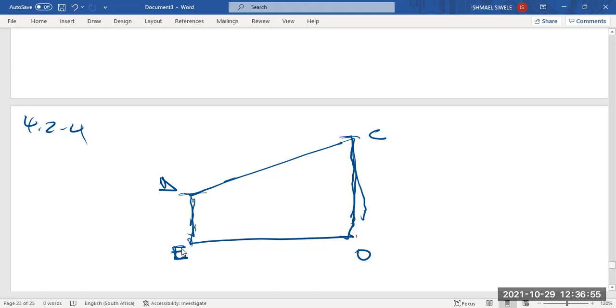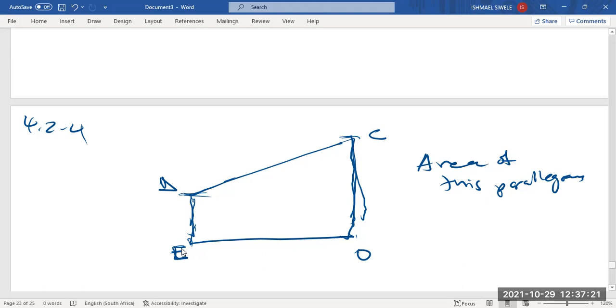So they want us to find the area of this parallelogram. How are you going to calculate the area of the parallelogram? That's one thing that you're supposed to ask yourself.